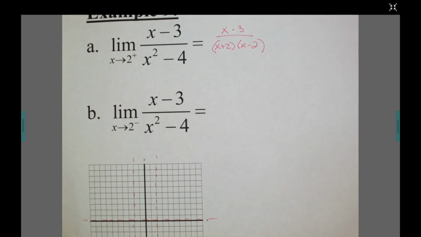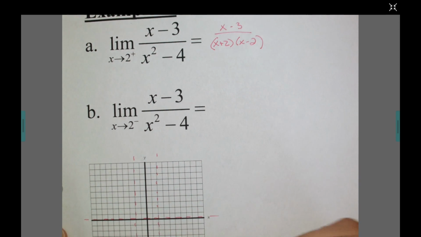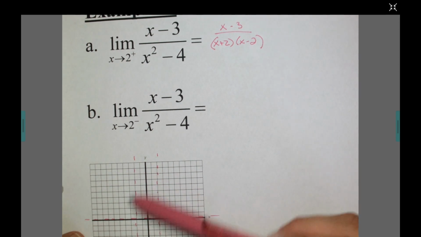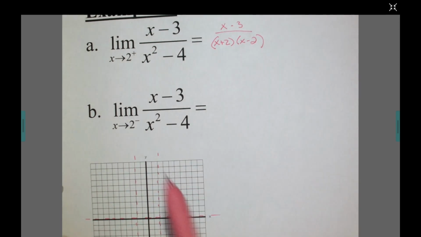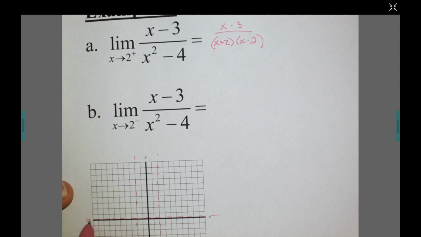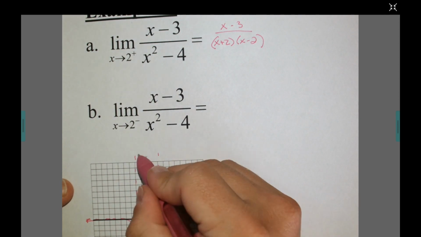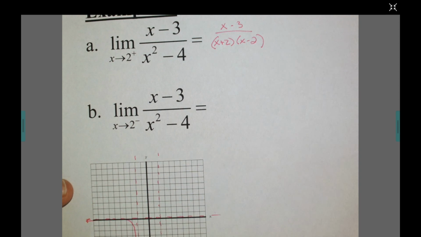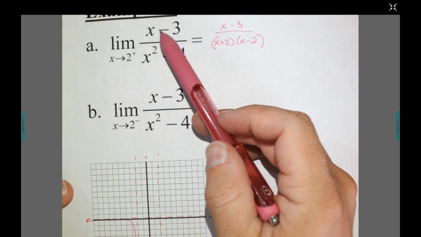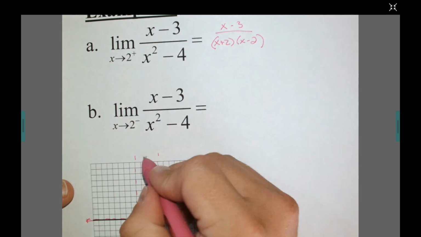With this, the likelihood of you being asked to graph this by hand is very unlikely. But you could plug in test points if you wanted to figure out what is going on in here. It's going to turn out that you've got a branch in the bottom left, a parabola in the middle. Let's see, if I plug in an x value of 0, we're going to have a y-intercept around 3/4, it looks like.